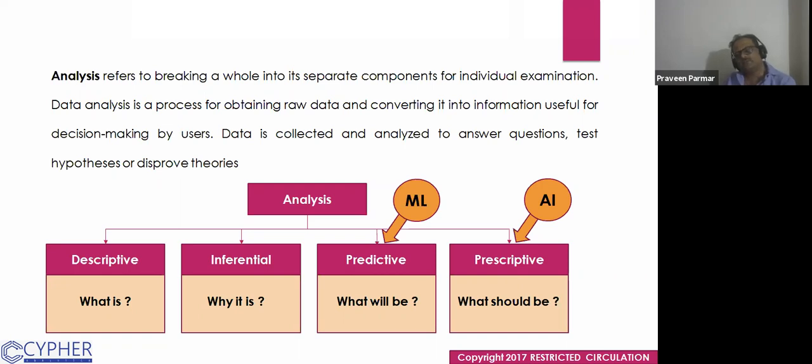You are not inputting that thing; it is recommending that you do this thing. Then your production may increase, and you could minimize the gap between supply and demand. So that is prescriptive. It is giving us the prescription, the recommendation.